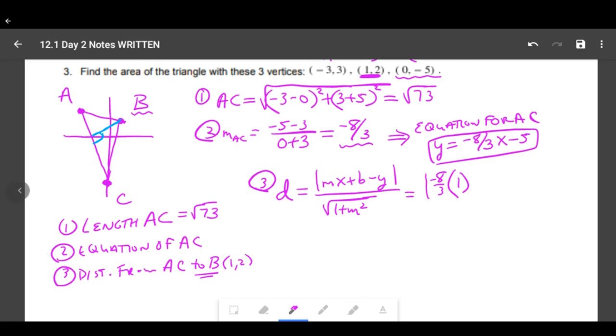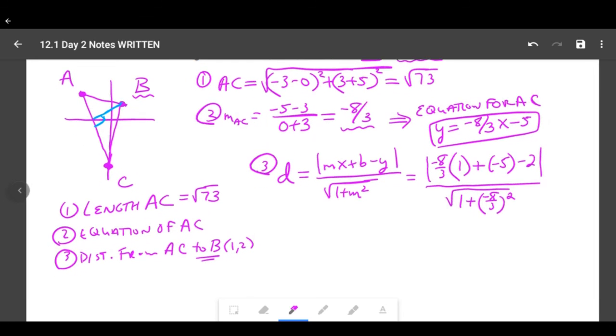That was (1, 2). Plus my b value is -5 minus the y value of that coordinate, so minus the 2, and that's all absolute value, all over the square root, getting a little messy here, but be ready, 1 plus (-8/3) squared.